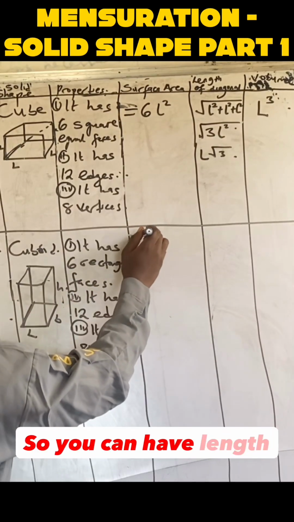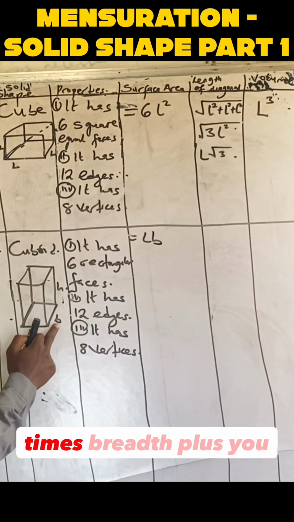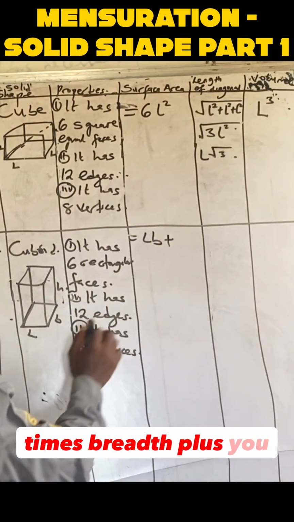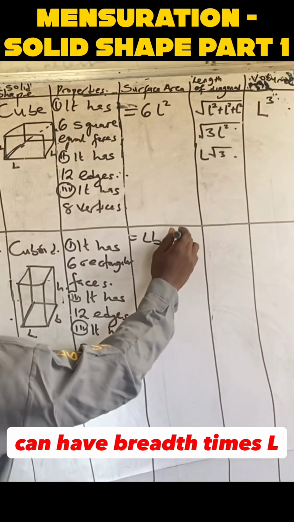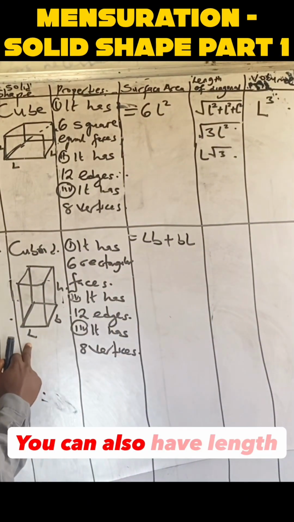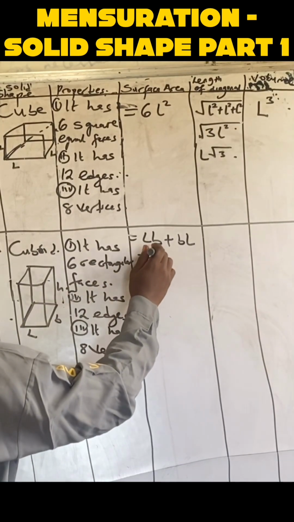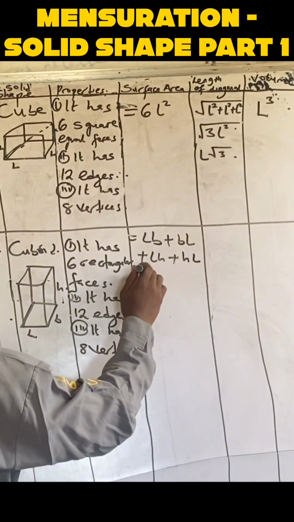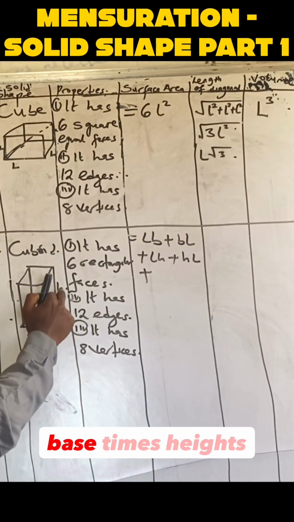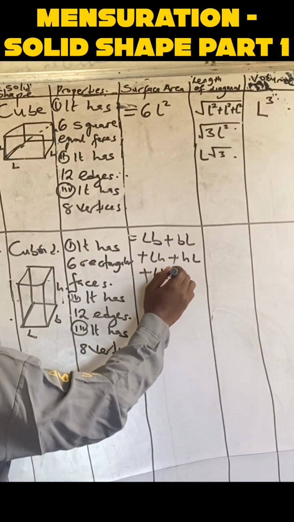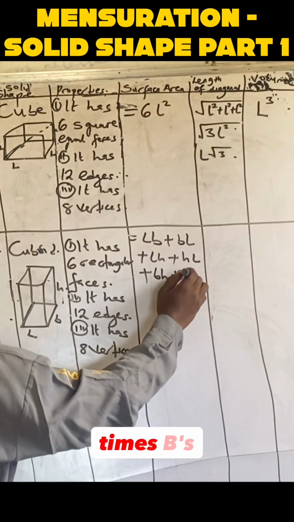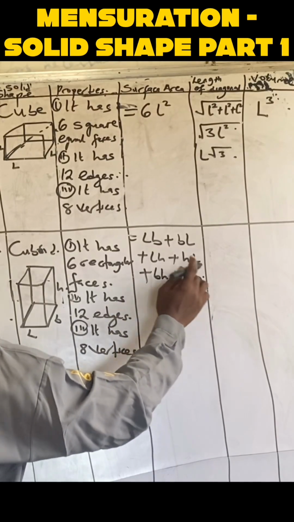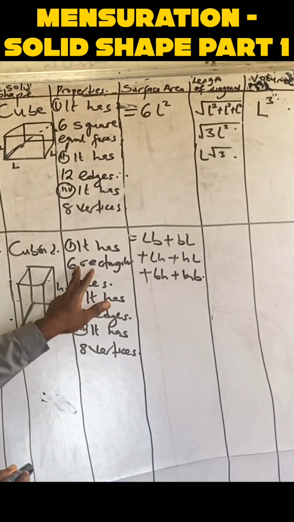So you can have length times breadth, plus breadth times length. You can also have length times height, height times length, base times height, and height times base. All these make the complete 6 faces.